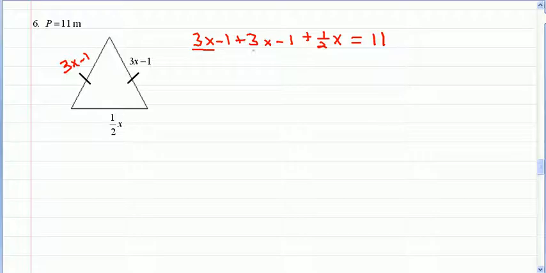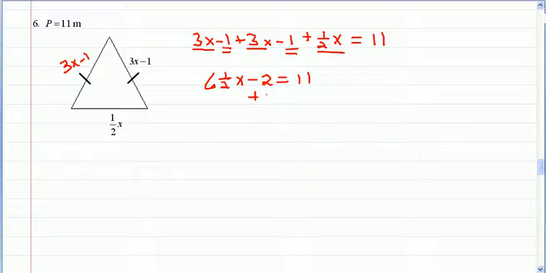So if I add my x's together and my negative 1's together, 3x and 3x is 6x, plus 1/2 x is 6.5x. So I'll write it like this for now, and I'll change it later. And then negative 1 minus 1 is negative 2.